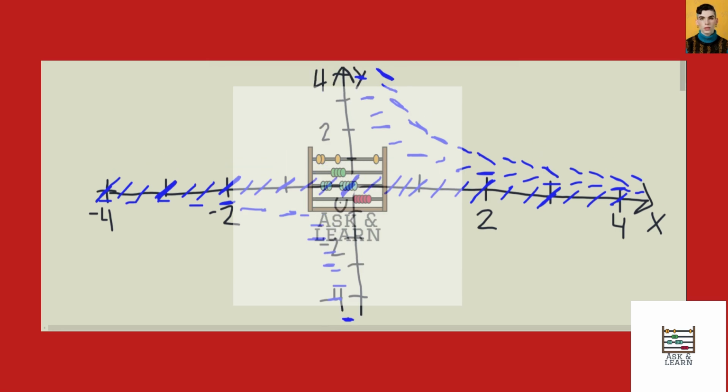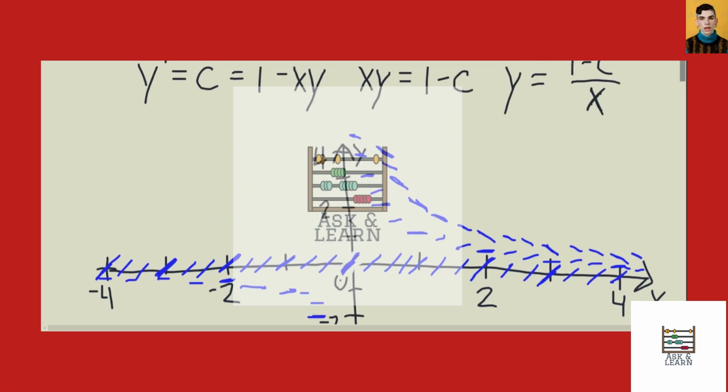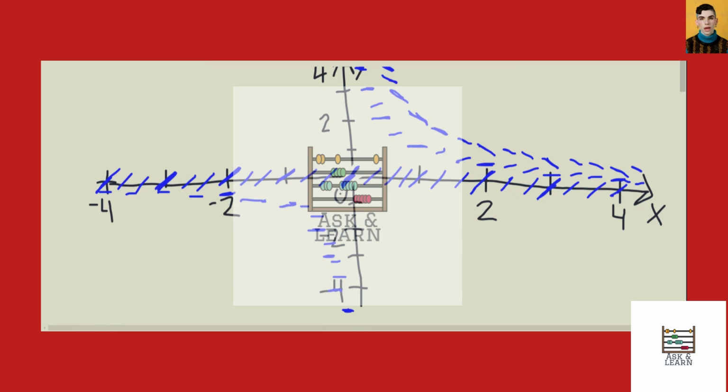Likewise, at the point (-1, -2), we have a slope of -1. At the point (-0.5, -4), another slope of -1.